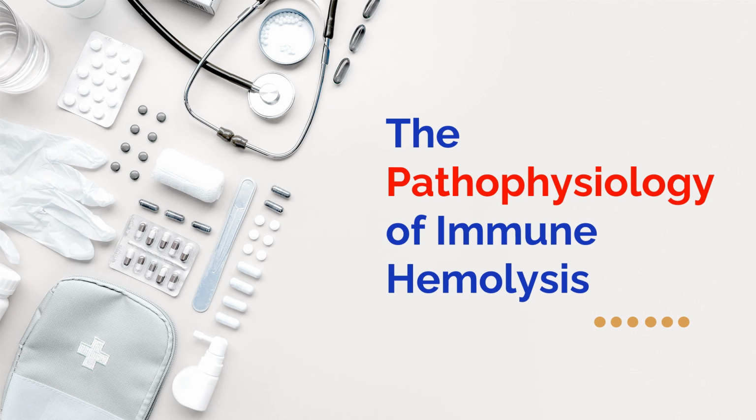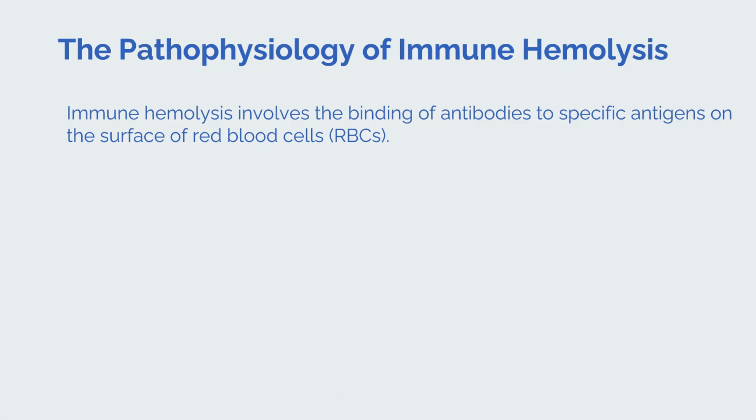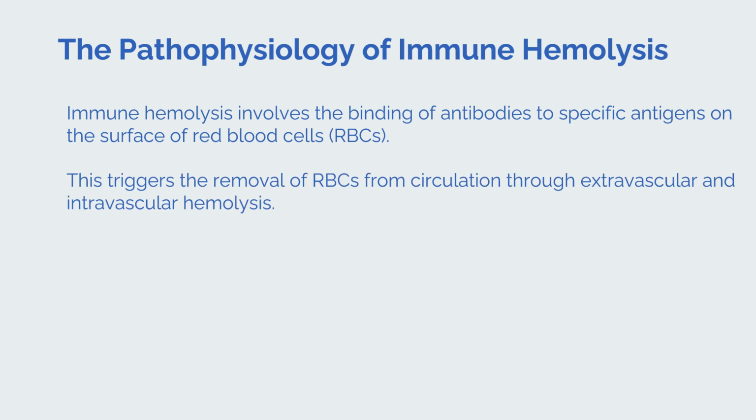Now, we unravel the fascinating pathophysiology behind this process. So, let's dive right in. In immune hemolysis, the drama unfolds when antibodies bind to specific antigens on the surface of red blood cells, or RBCs. This binding triggers the removal of these cells from circulation through two primary mechanisms, extravascular and intravascular hemolysis.